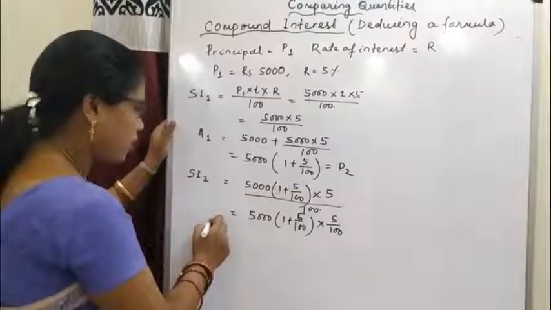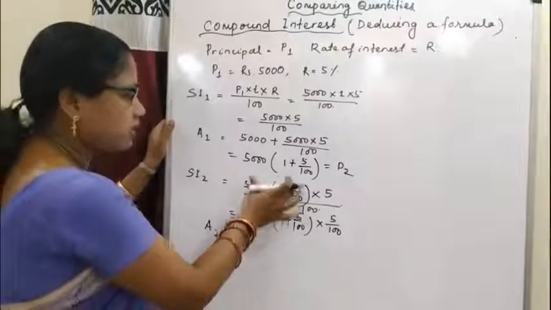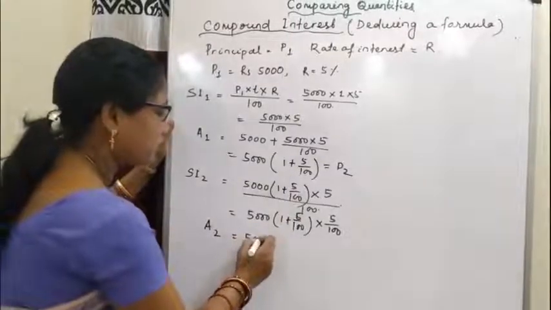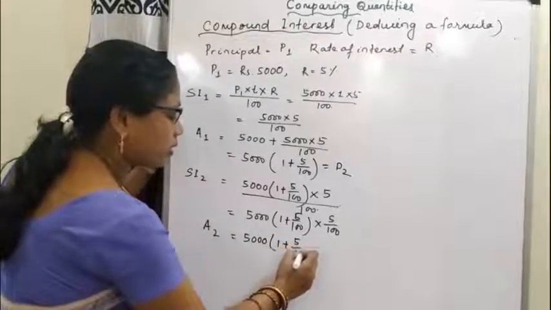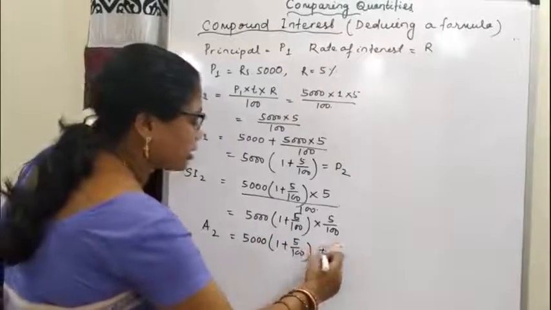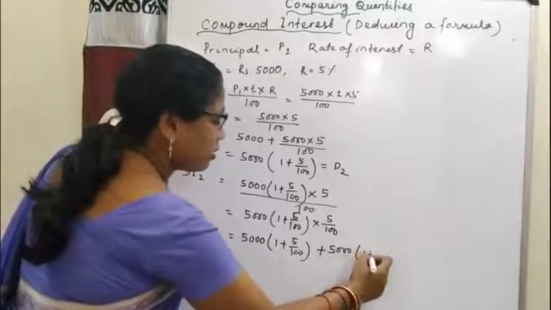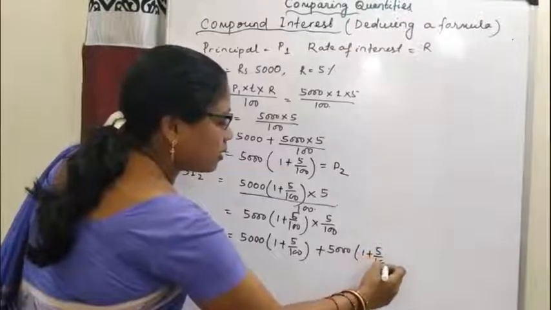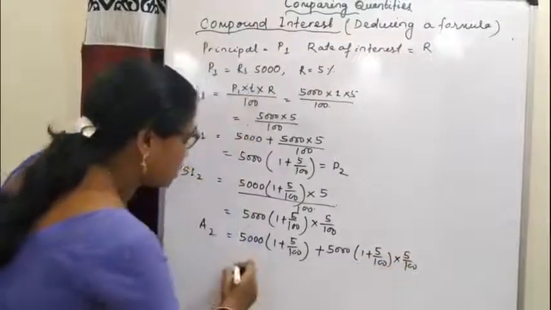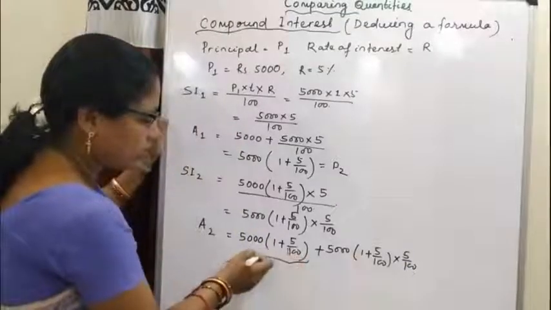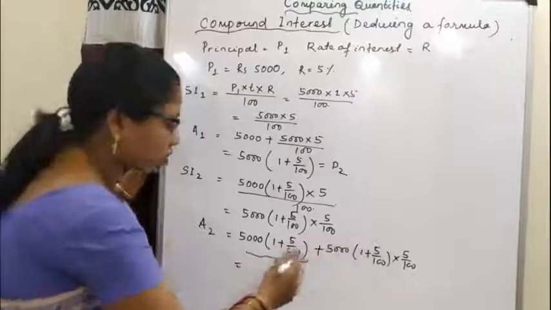So, what is the amount, or A2? It is equal to our principal 5,000 multiplied with 1 plus 5 by 100, plus the interest, 5,000 multiplied with 1 plus 5 by 100 into 5 by 100. Here 5,000 multiplied with 1 plus 5 by 100 is common in both the terms.